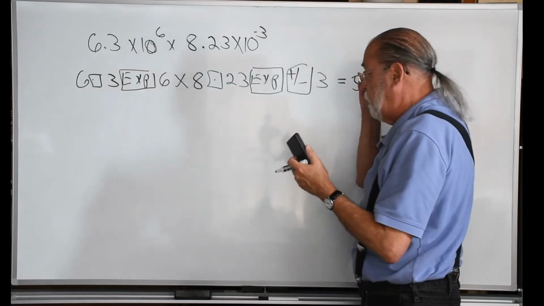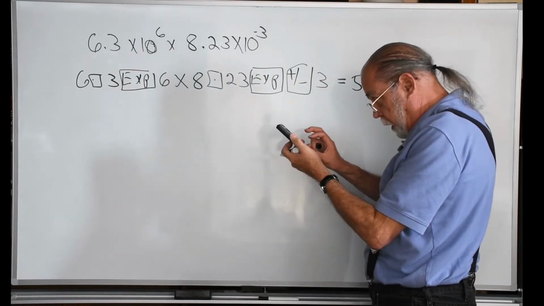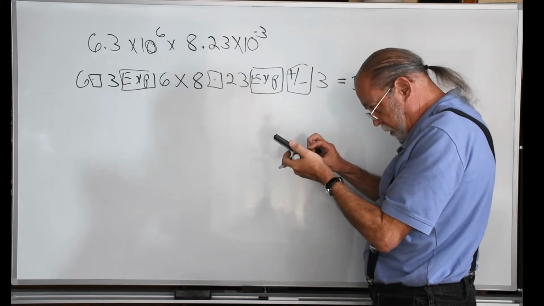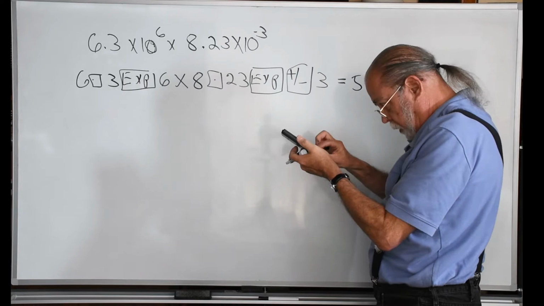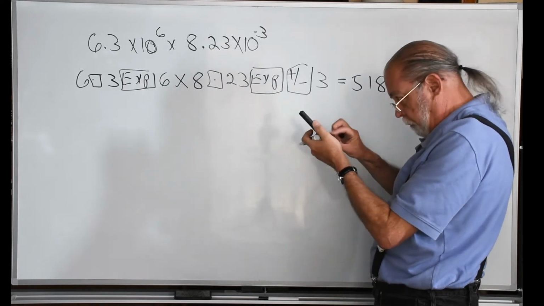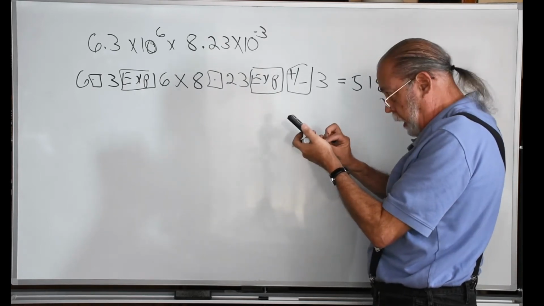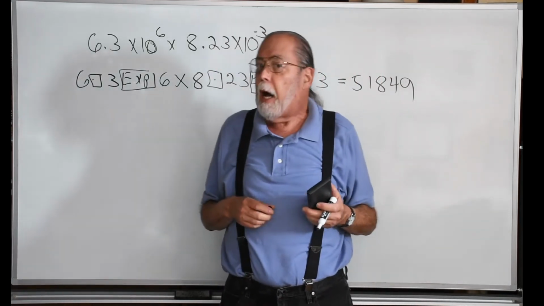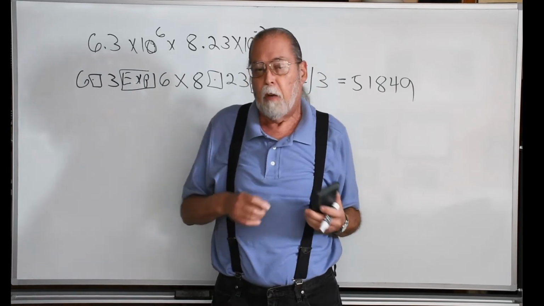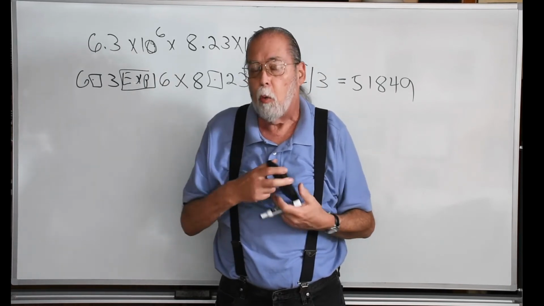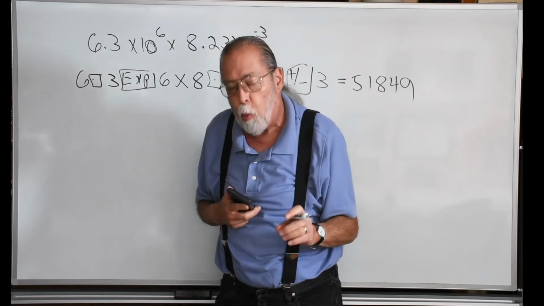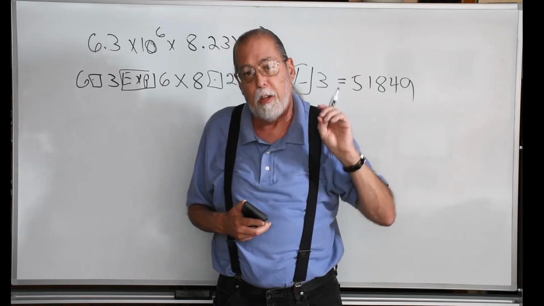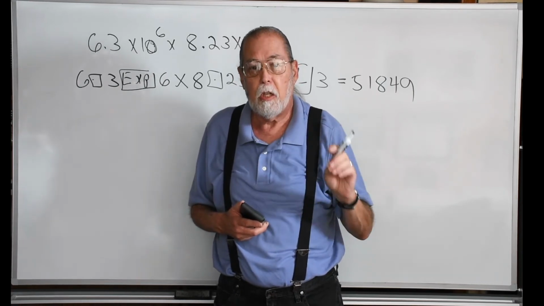So let's see what happens here. 6.3, clear, 6.3 exponent 6 times 8 decimal 23 exponent plus minus 3 equals, I get the same number. Now that doesn't guarantee that I have done it right, but if I get different numbers, I'm absolutely sure one of them was wrong and I got to do it again. Always, always type your calculations into your calculator twice to make sure you didn't mess up.